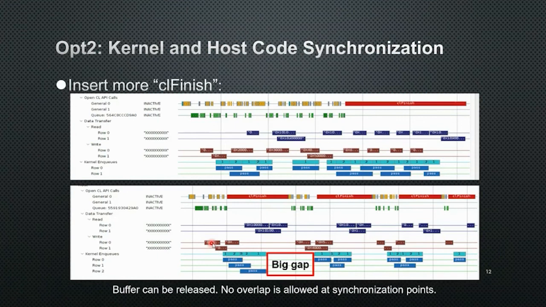So we can see that for each CL finish, we can release the buffer previously used, and we can see that no overlap is allowed at the synchronization point, and there is a big gap between each CL finish.